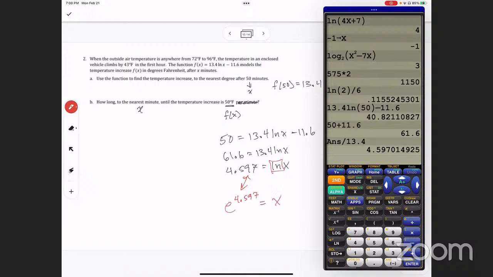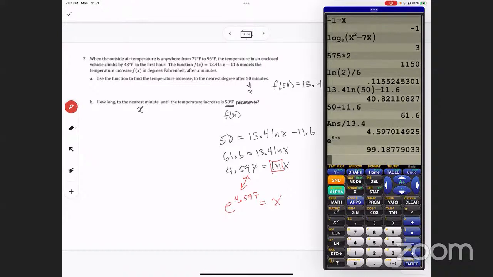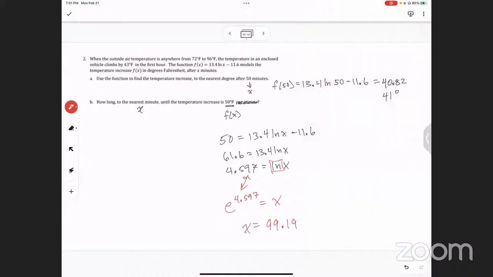So all I do is take e, that's second ln, and I raise e to the answer, and that's my x. x equals 99.19 minutes. And they want it to the nearest minute, so that's 99 minutes.